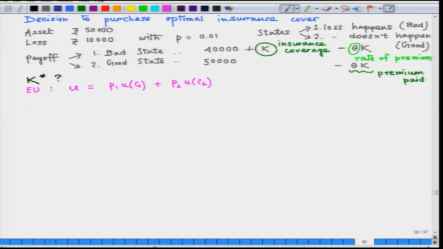So, what do we need to do? We need to take differentiation. So, we can differentiate totally to get... So, this will be set to 0.